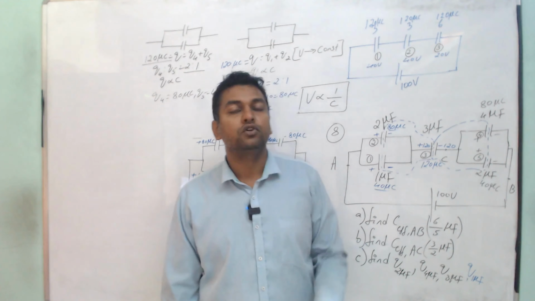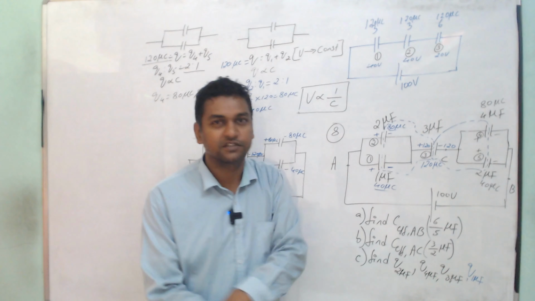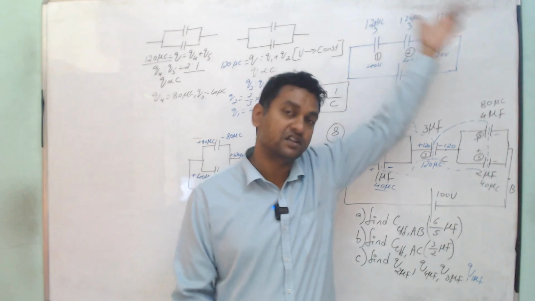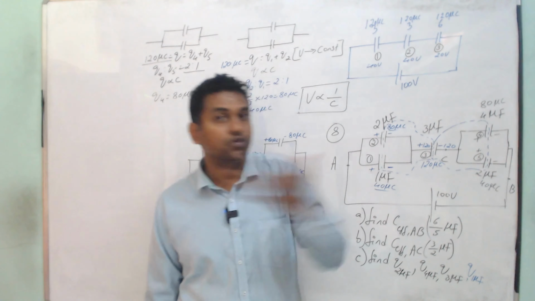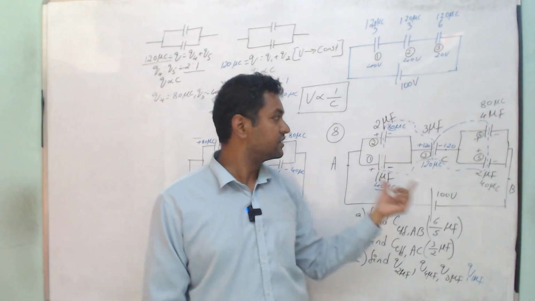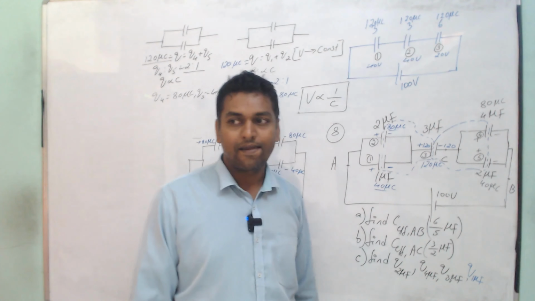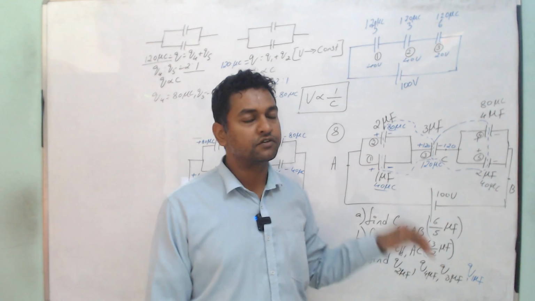Correct? 2:2:1 means 40/40/20. See, now I'm getting V first. You got C and charge first, I'm getting voltage first. 40/40/20, that means everything 40/40/40/40, whatever.